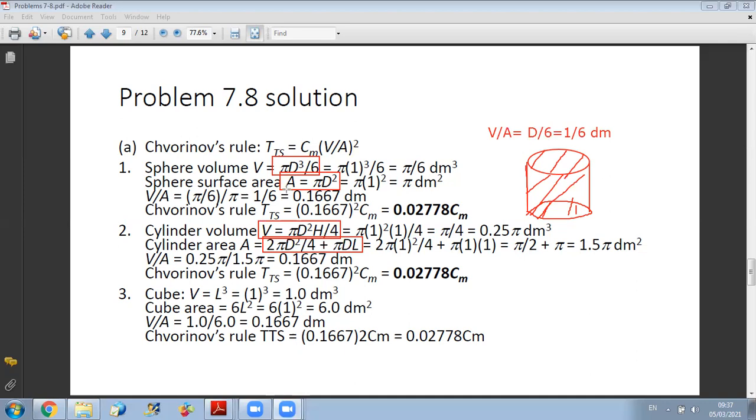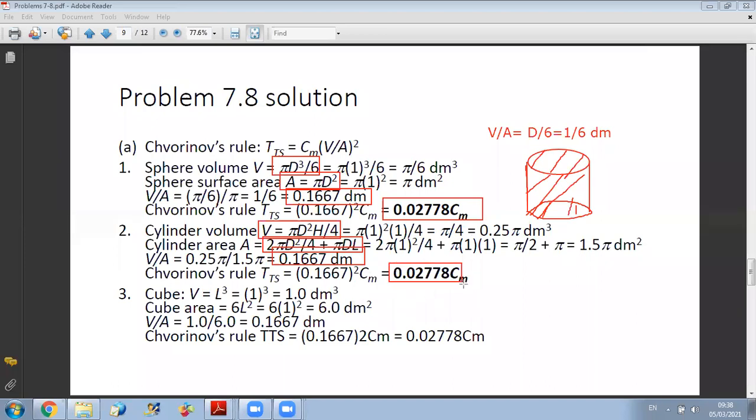So V over A for the sphere of diameter 1 decimeter was equal to V over A for the cylinder of diameter 1 decimeter and height 1 decimeter. So V over A is comparable. Since V over A is the same, then for the two, the solidification time will be the same.